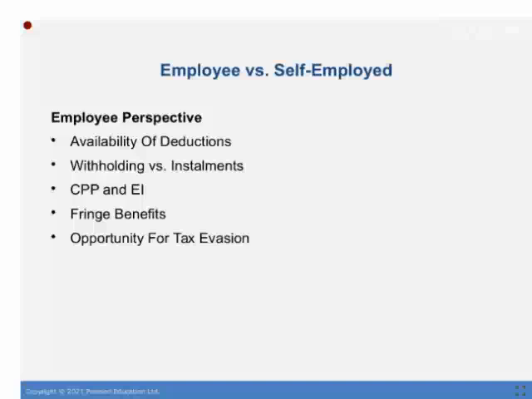So in your text on page 87, it gets into the topic of employee versus self-employed. Page 87 has some information there. Employee versus self-employed.